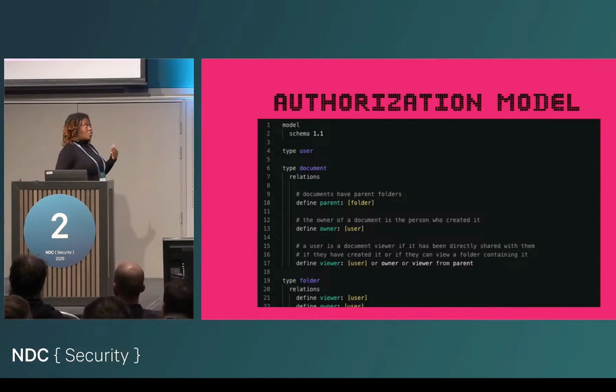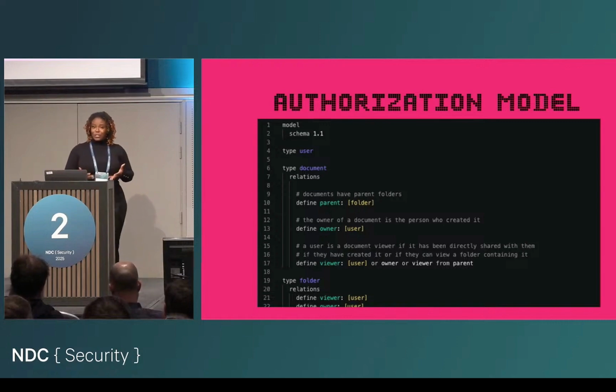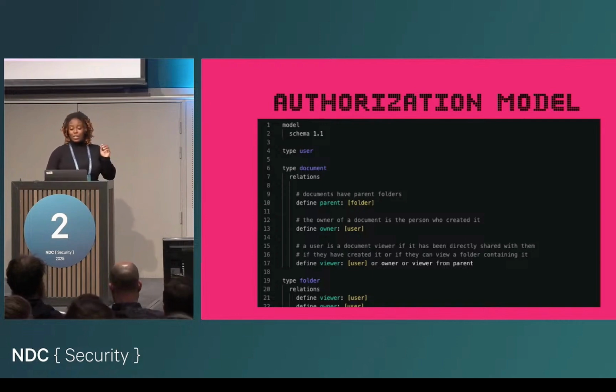Okay, so to begin modeling authorization with OpenFGA, you're going to have to do two things. First, we're going to have to define what's called an authorization model. And this is what an authorization model looks like. We'll play with it a little bit coming up shortly.